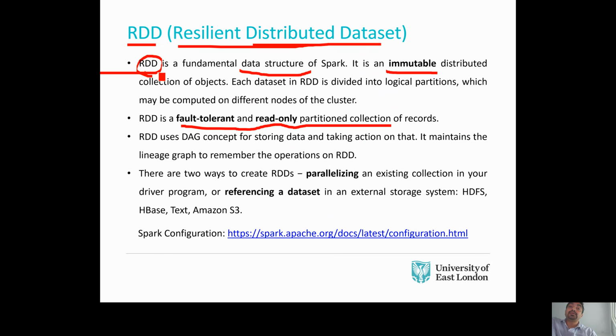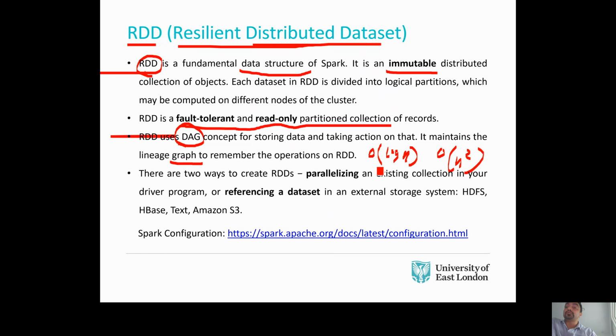So RDD uses a graph-based data structure. We call it a directed acyclic graph. It speeds up the processing of data using graph analysis, because usually the time complexity of graph data structures is big O log n, if you remember data structures, but in the worst case would be n power 2.